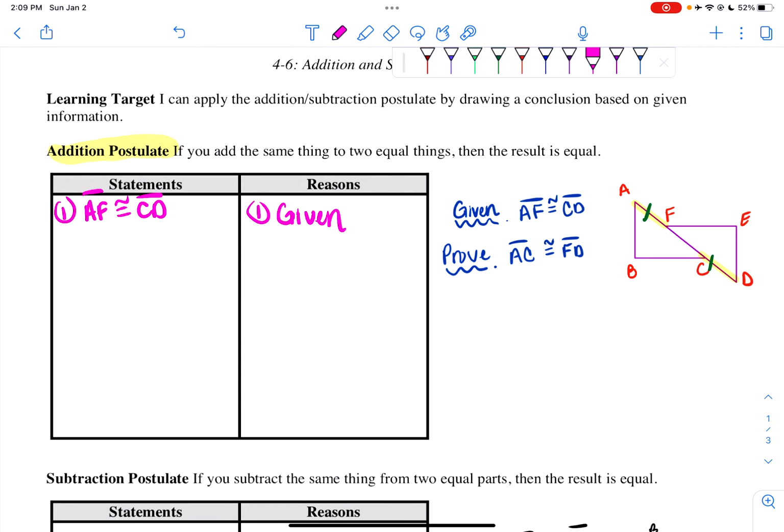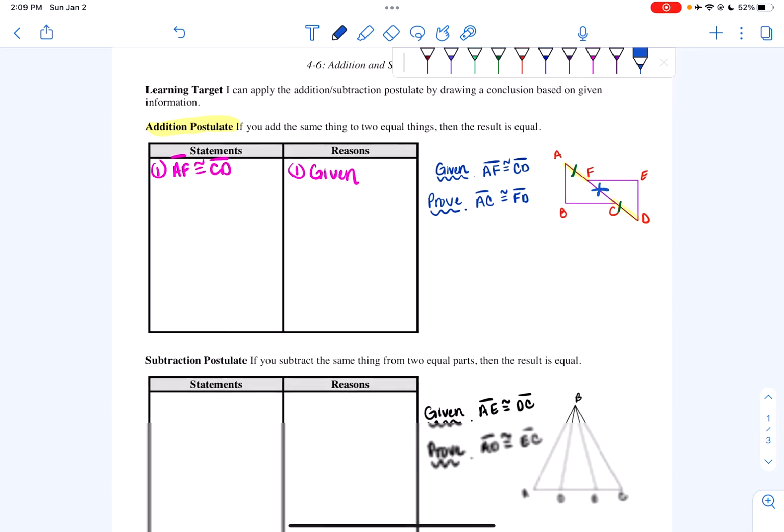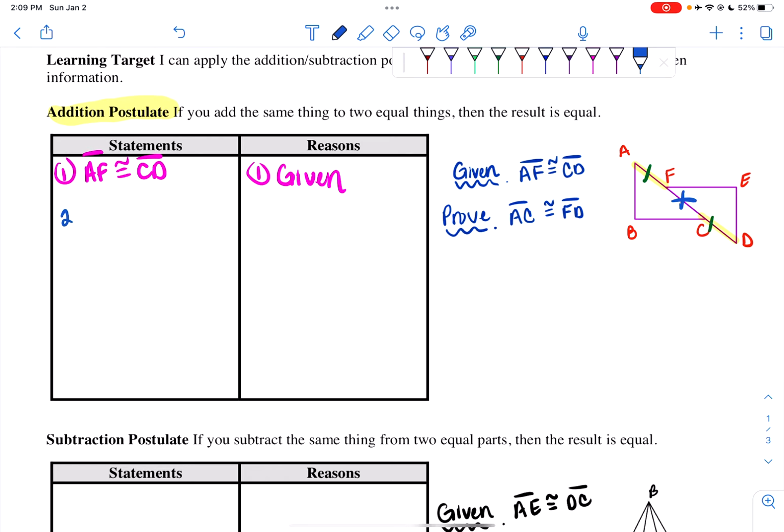Now, if I want to prove AC and FD are congruent, there's a little overlap right here at FC. So I can say FC congruent to FC, reflexive.